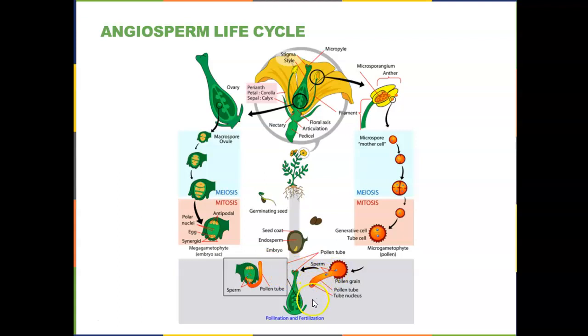And then that pollen grain, when it makes contact with the stigma, starts growing a pollen tube. There's a nucleus that drives the growth of that pollen tube, and that pollen tube reaches all the way into the ovary and will make contact with an ovule. And when it makes contact with an ovule, a generative cell is transmitted via that tube nucleus and fertilizes the egg right there. So that's the key event.